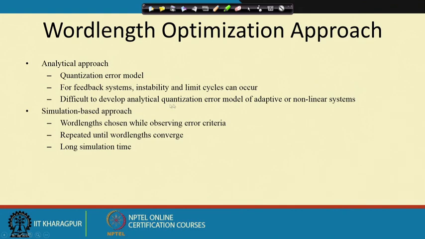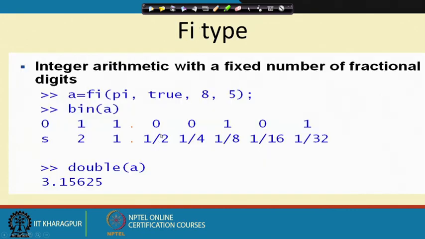It is very difficult to develop an analytical quantization error model of an adaptive or non-linear system. In the simulation based approach, the word length is chosen while observing the error criteria, repeated until the word length converges, with a long simulation time. So, there are two approaches for finding the optimum word length.